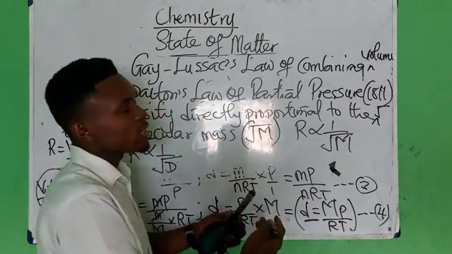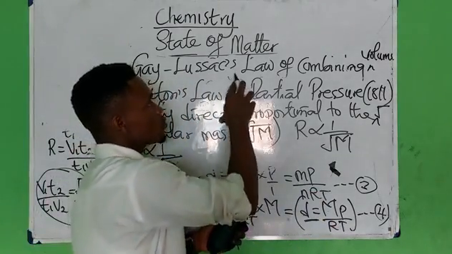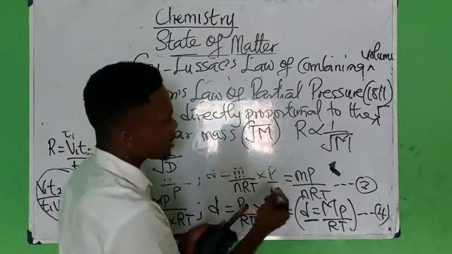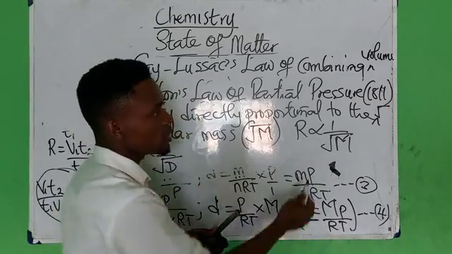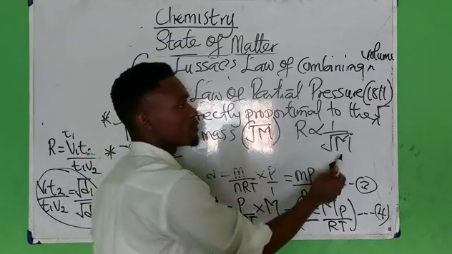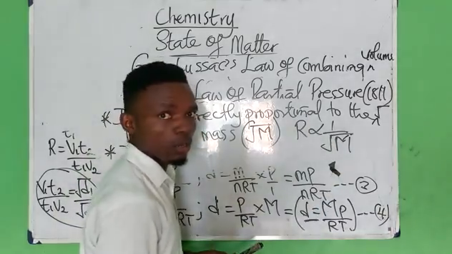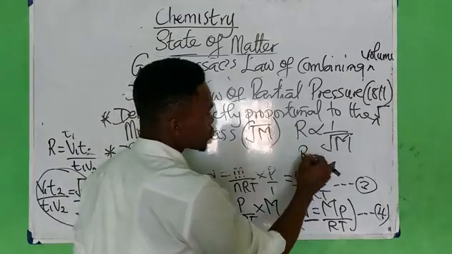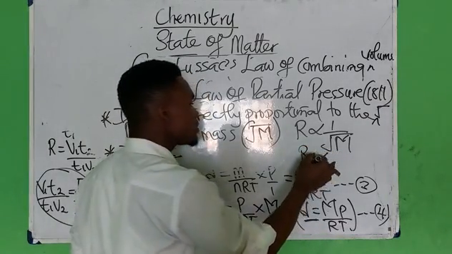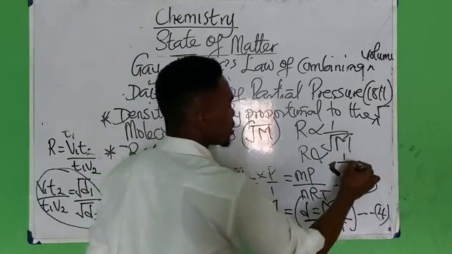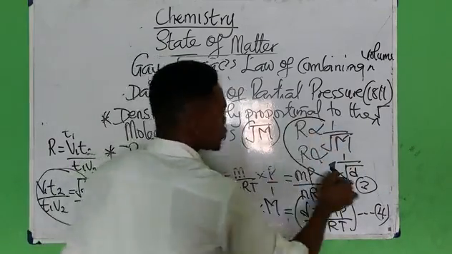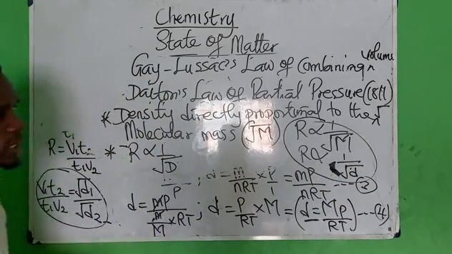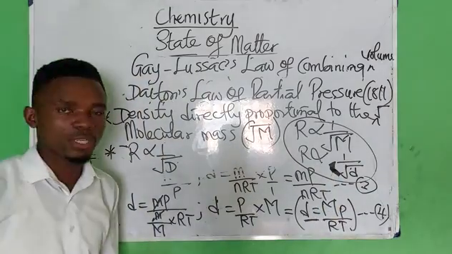But if we want to rephrase it, we can say that the rate is inversely proportional to the square root of its molecular mass. The rate is also inversely proportional to the square root of vapor density. So these are the two things that can be coined from Graham's law of diffusion.